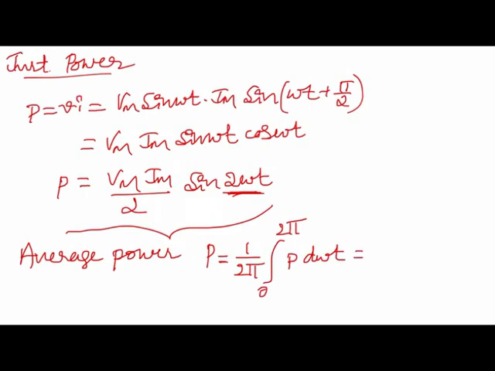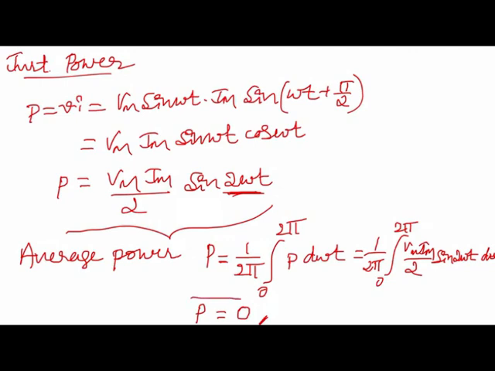So this will be 1 by 2 pi integration from 0 to 2 pi of Vm Im by 2 sin 2 omega t d omega t. Upon integrating and substituting the limits from 0 to 2 pi, we will get 0 again.